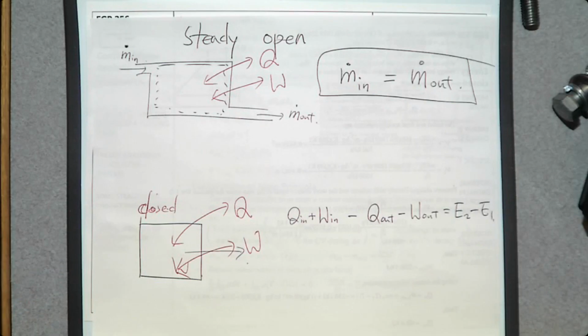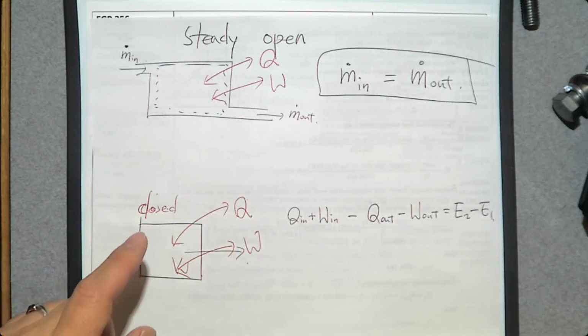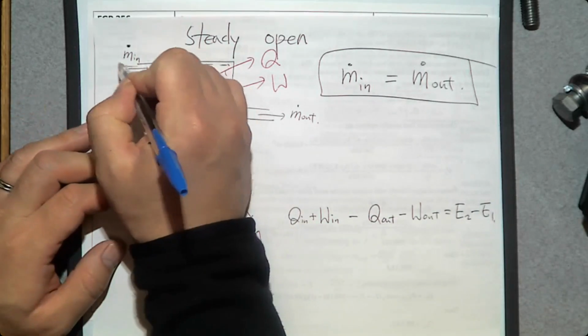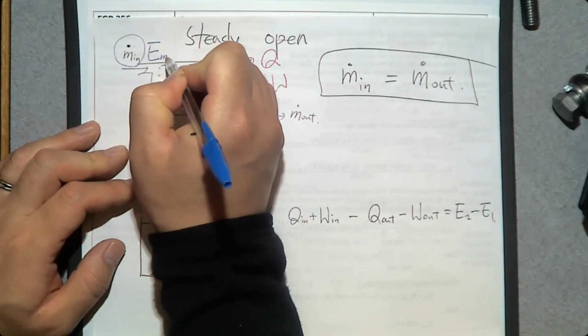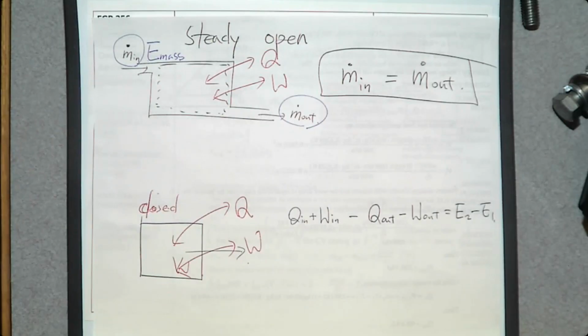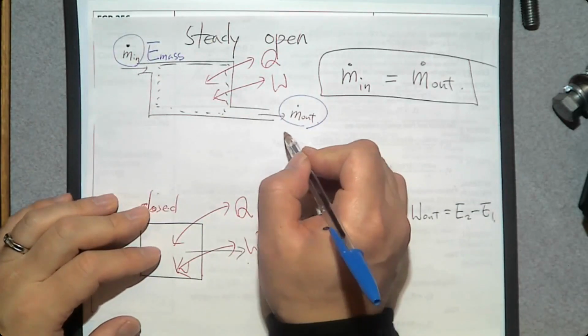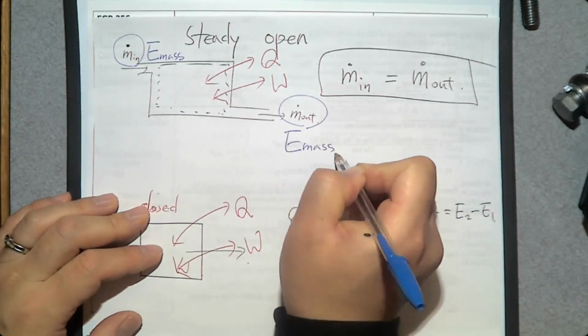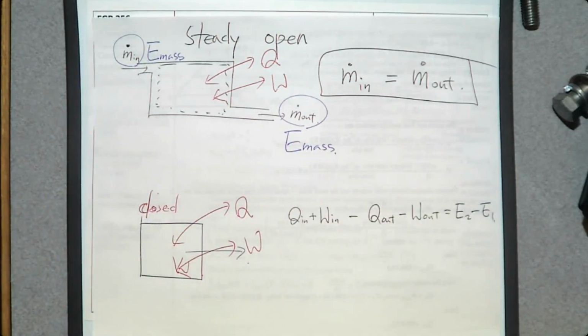That's energy, right? So we need to consider energy by mass. And there is energy leaving the system by this mass leaving the system, energy by mass. So there are 3 types of energy transfer: heat transfer Q, energy transfer by work W, and energy transfer by mass, E mass.